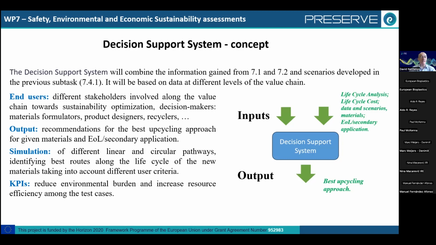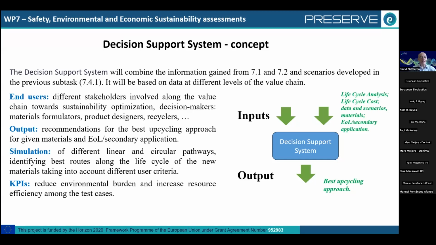Recommendations for the best upcycling approach for given materials and end-of-life secondary application. So we suppose the input actually is going to be for this material and this end-of-life secondary application, what would be the best upcycling approach? Yeah? So it's like a question-answer type decision support system. Simulation.